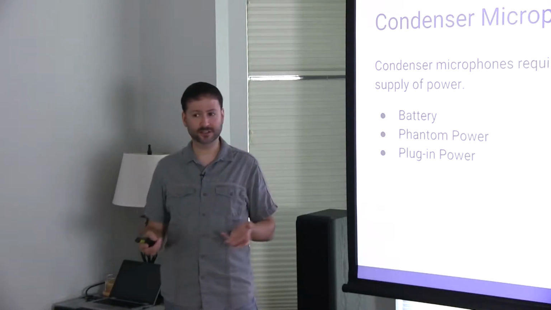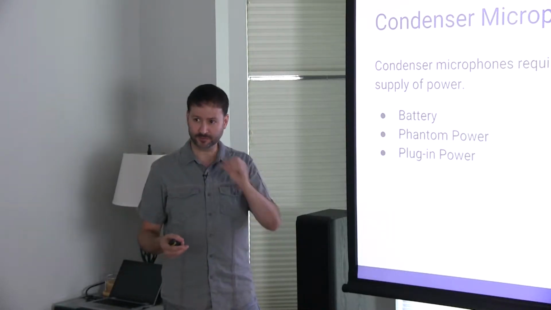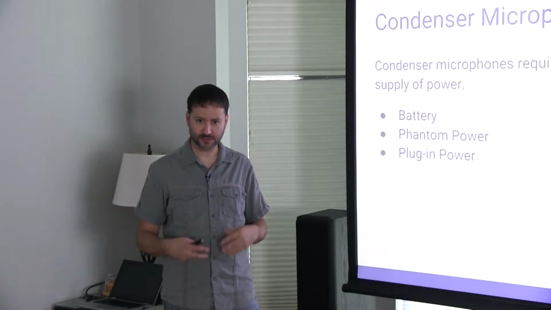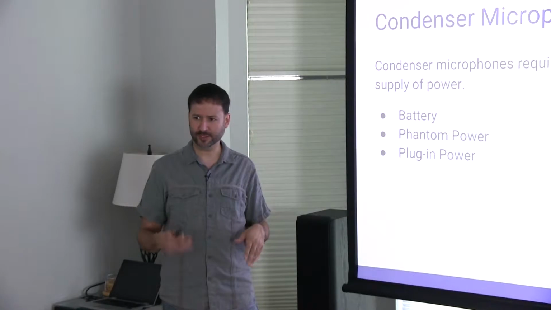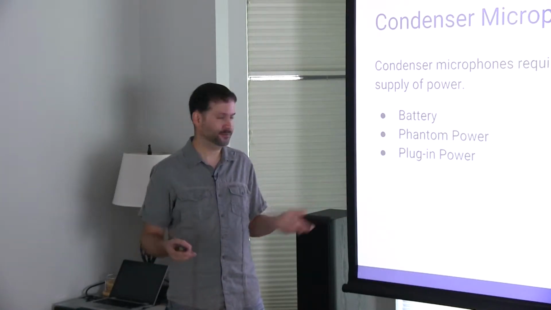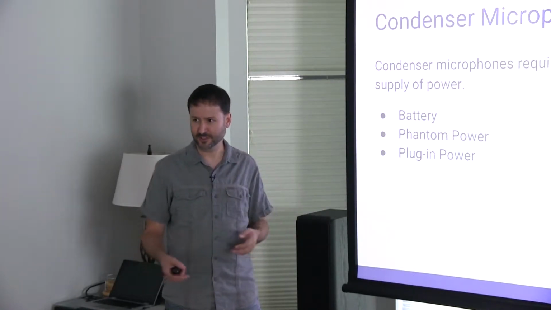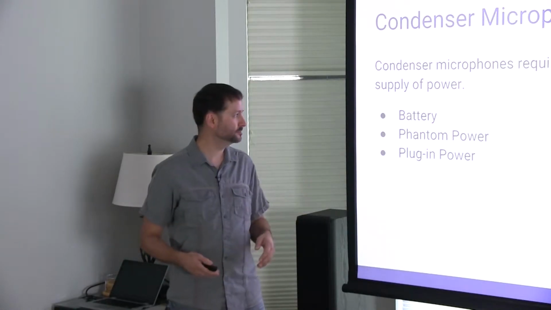And if you're not using an XLR, if you're using one of those little 1/8" jack microphones, which is a consumer type of microphone jack, there's something called plug-in power. It's different from phantom power, but it results in the same thing. It gets power to the microphone.